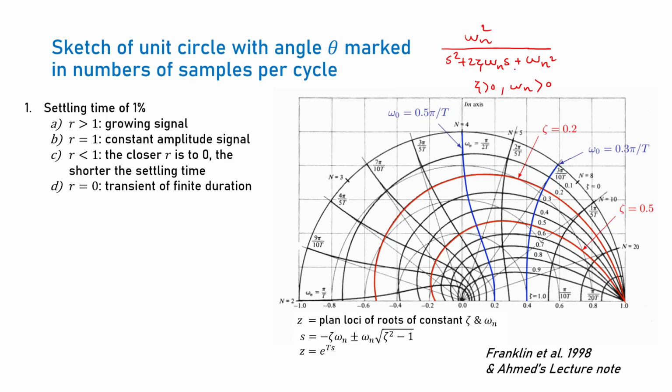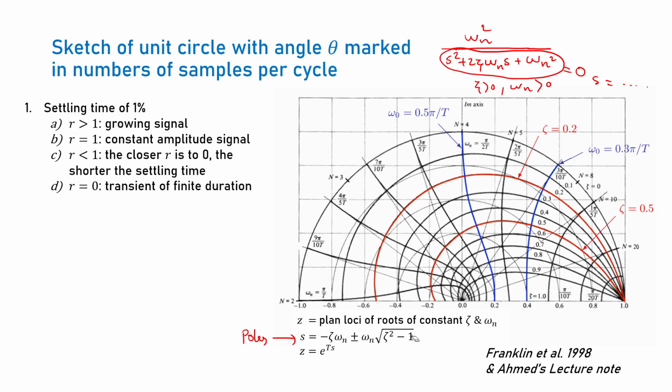Because for the transfer function you have the poles. You set the denominator to 0, and then you find s. That s is this one, the poles from the continuous time: minus zeta omega n plus or minus omega n square root of zeta square minus 1.